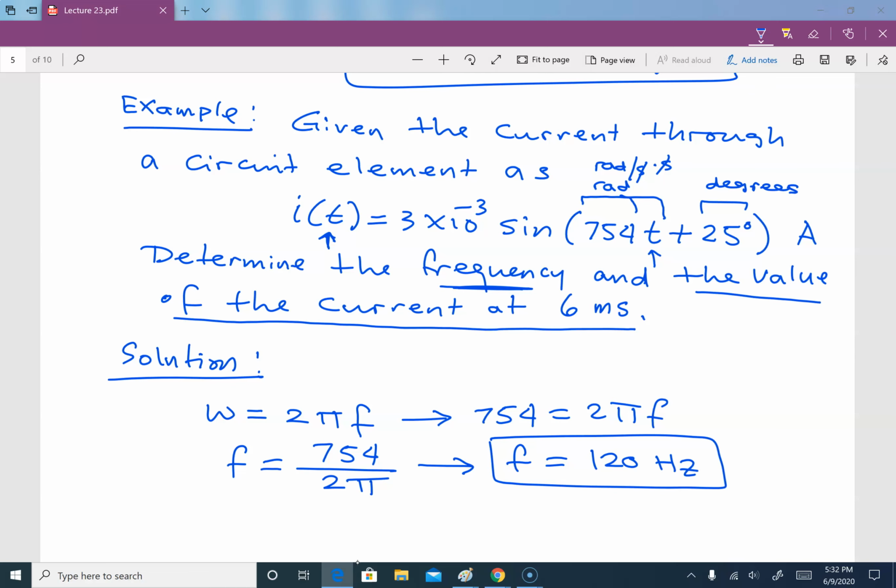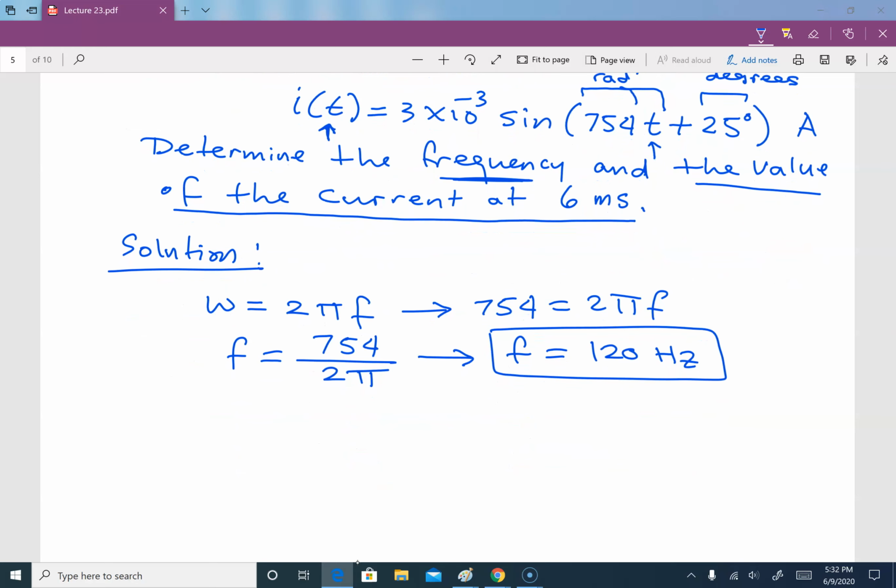And these do not match. So we either change the radians to degrees or the degrees to radians and then find the sine. So we can say our omega t is equal to 754 times 6 times 10 to negative 3, that is for 6 milliseconds, and that is equal to 4.524 radians.